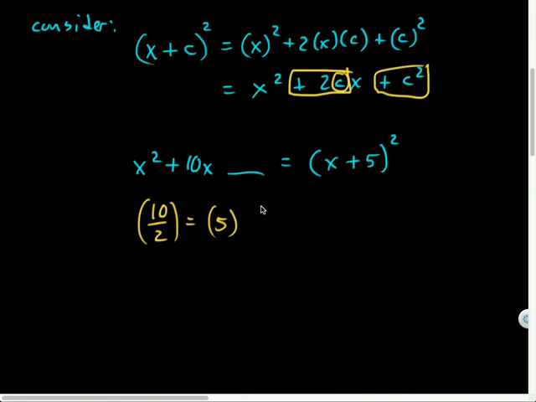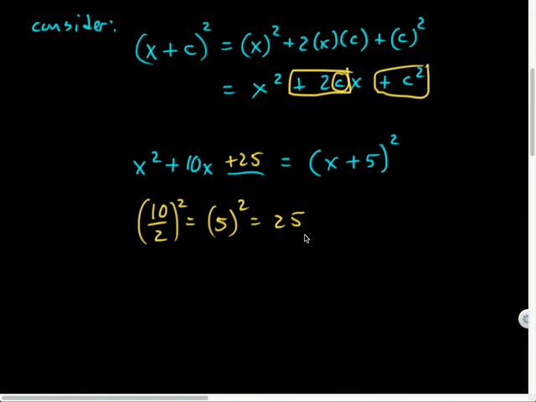And then what could I do to that to find out what goes here? Square it, right? You guys agree? So it turns out I can find my c term, which would give me a perfect square trinomial, by taking my b, dividing by 2, and squaring it. So this would equal 25, and plus 25 would go in that slot, just like that.